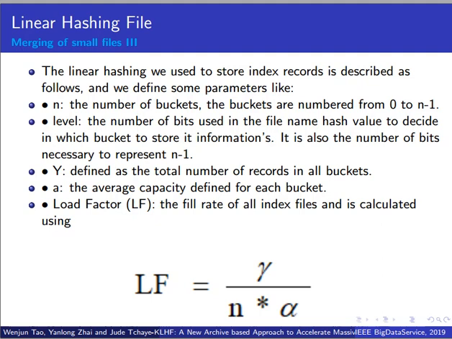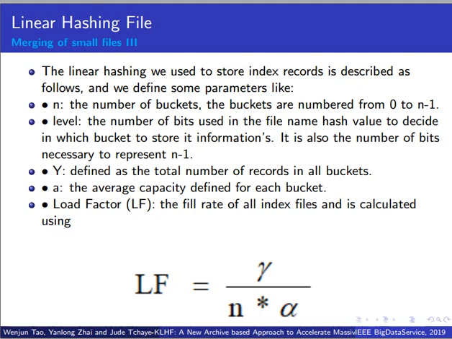The buckets are numbered from 0 to n minus 1. Level, the number of bits used in the file name hashing value to decide in which bucket to store its information. It is also the number of bits necessary to represent n minus 1.